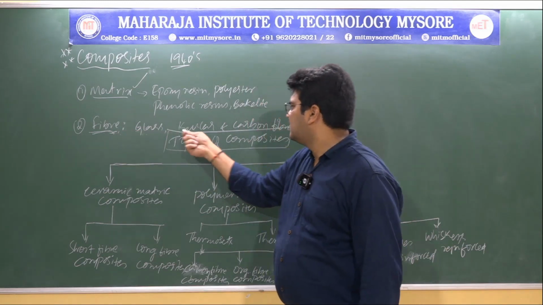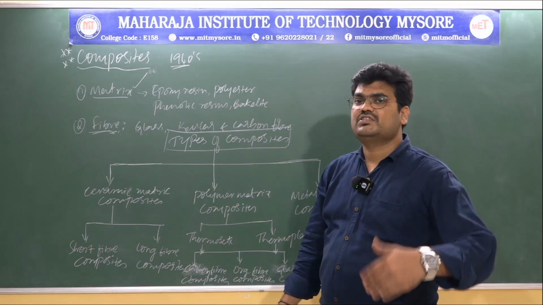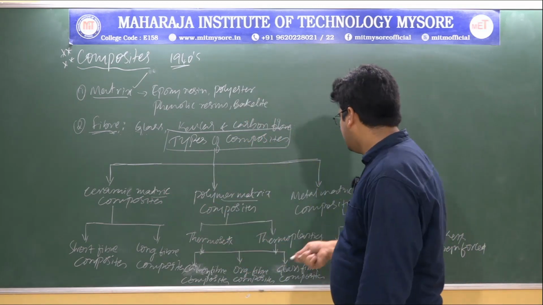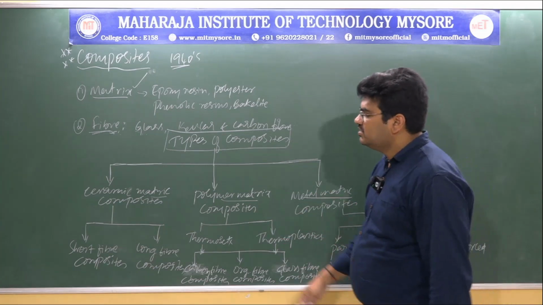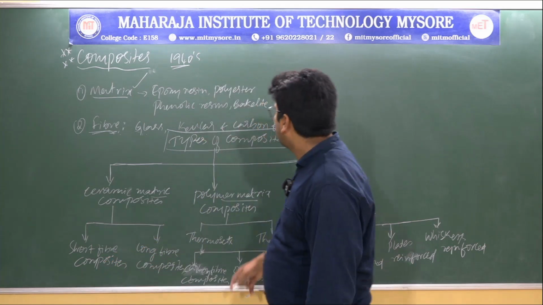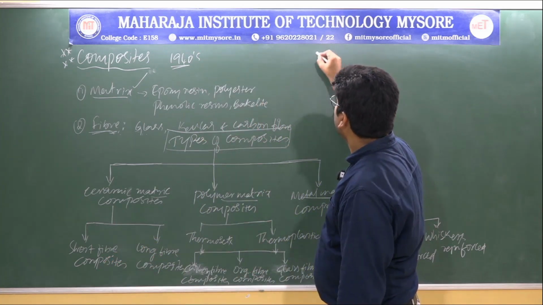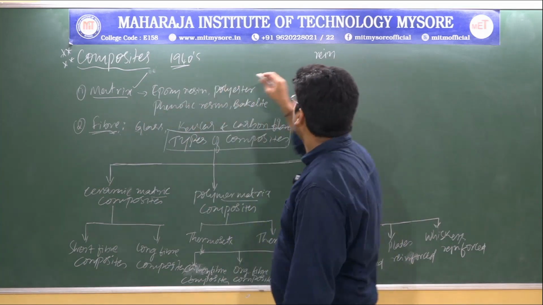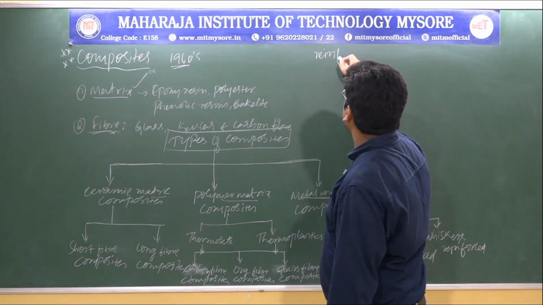The fibers used are glass, Kevlar and carbon fiber. For ceramic matrix composites and metal matrix composites, see the different types of reinforcements they use in place of fibers.